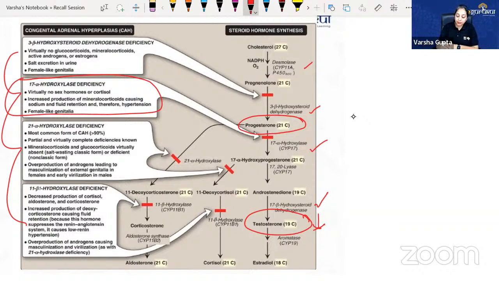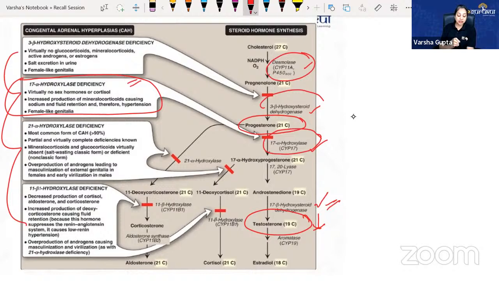So first there is the desmolase enzyme, or you can say CYP11A. Then 3 beta hydroxysteroid dehydrogenase. Now 17 alpha hydroxylase is their favorite. If you know what comes before, and maybe this 17 beta comes after, in the options you can really make things out. You don't have to mug everything up, right?